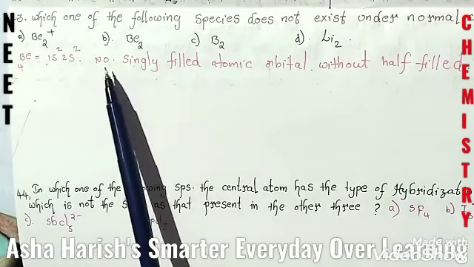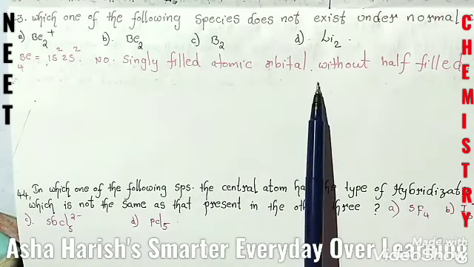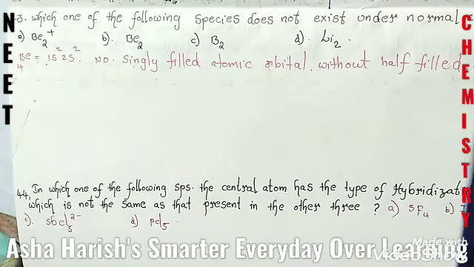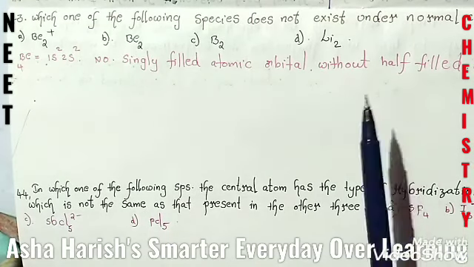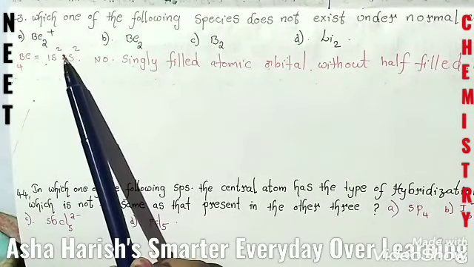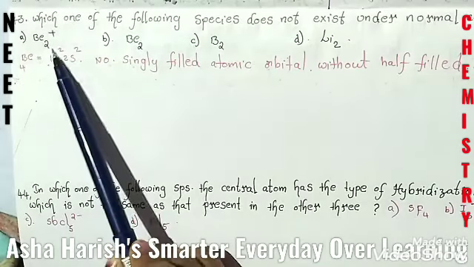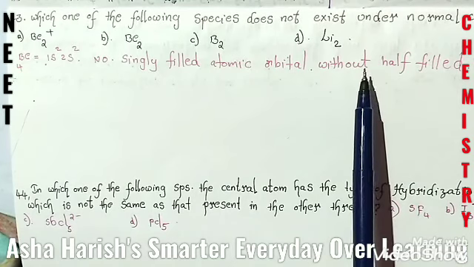Okay students, there is no singly filled atomic orbital present in beryllium. Without a half-filled orbital, the overlapping is not possible here to form the Be2 molecule, so it does not exist.